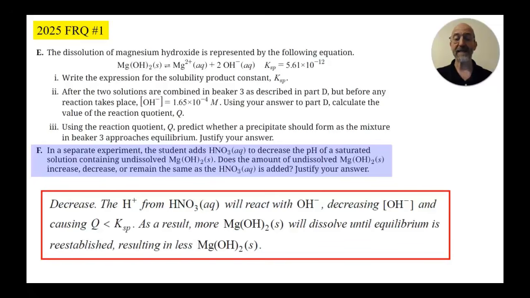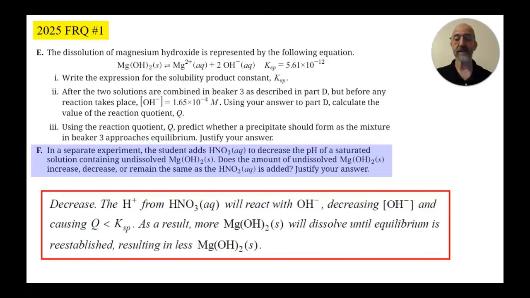And now there will be a net conversion from left to right. And so as a result, more solid magnesium hydroxide will dissolve. And so it's about the cause being the reaction in the aqueous component, not the reaction with the solid, but with the aqueous hydroxide ions. And then the effect is a net conversion from left to right, and therefore increasing the solubility, decreasing the amount of undissolved solid.